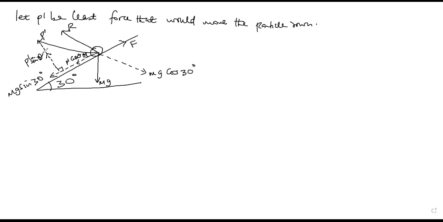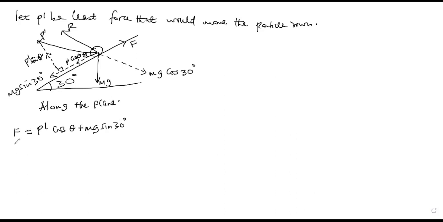Okay, so this would mean that if I resolve along the plane, then I would have F is equal to P prime cos theta plus mg sine 30.